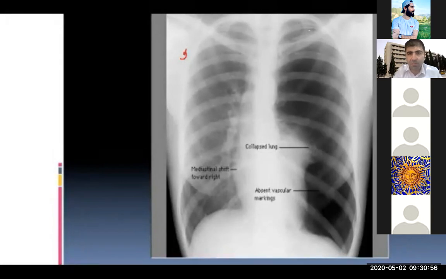C, cardiac shadow, it's small in size and the margins are not sharp and the border is clear. Okay, excellent. But doctor, the shape of the cardiac shadow is not normal, not like usual. Yes. So what do you see?